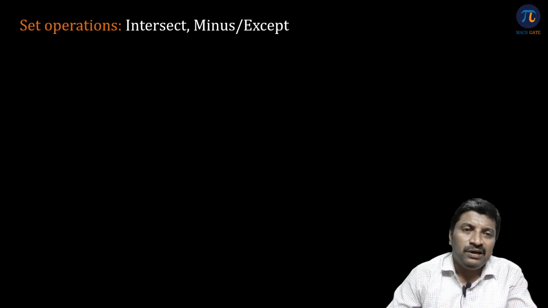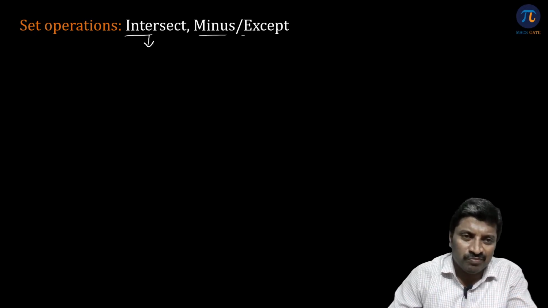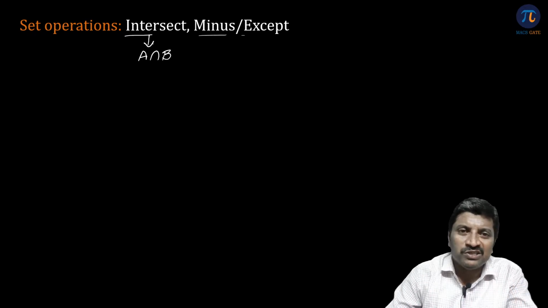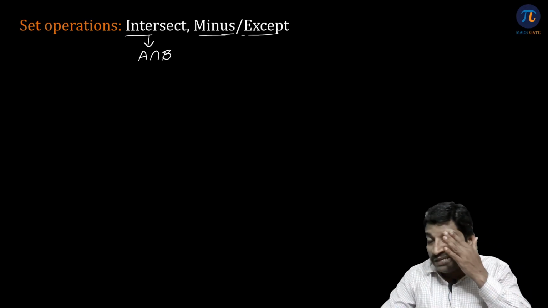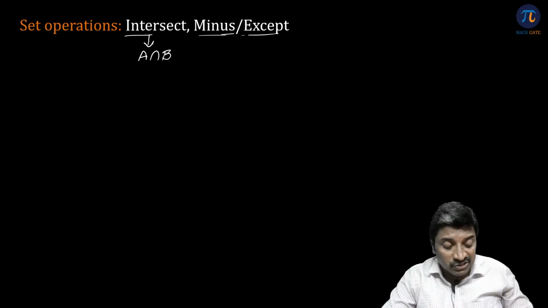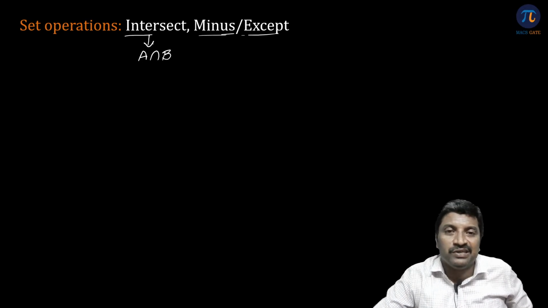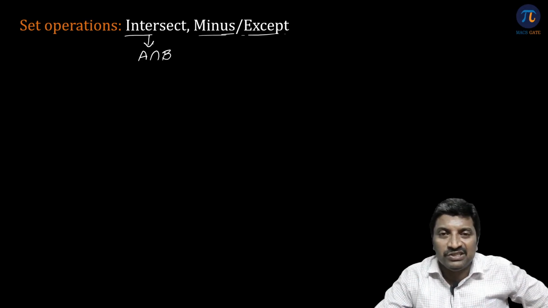The next one, intersect. The next one is minus or except. Intersect is the same, something like A intersection B. What is minus or except? Their intention is the same. Depending on the SQL software, it can be minus or it can be except, but the meaning is the same.